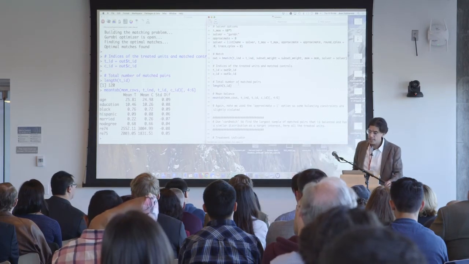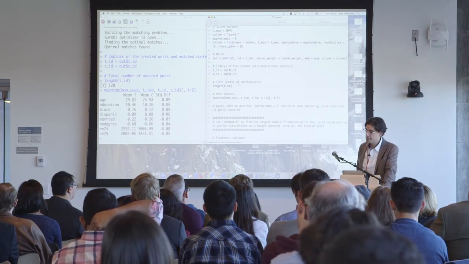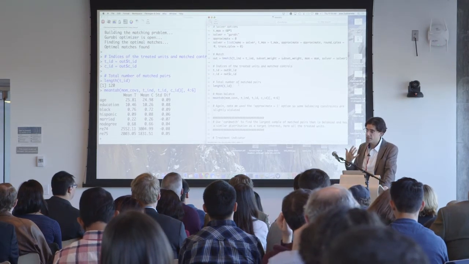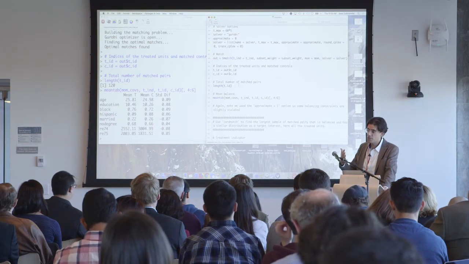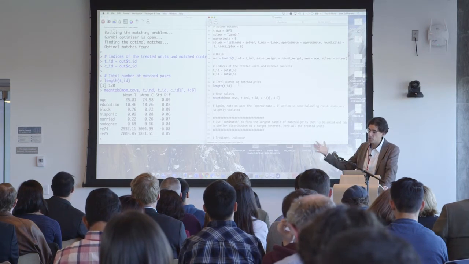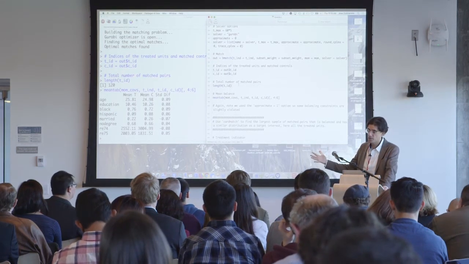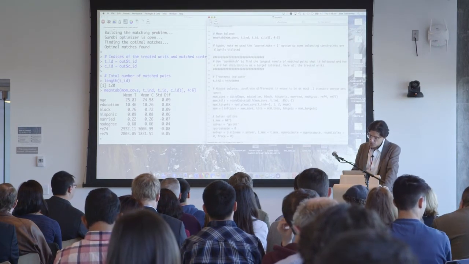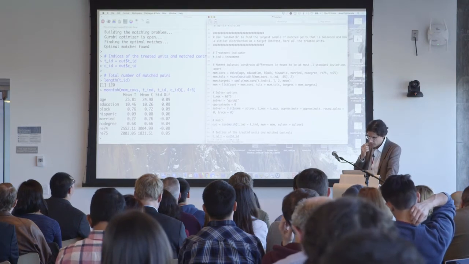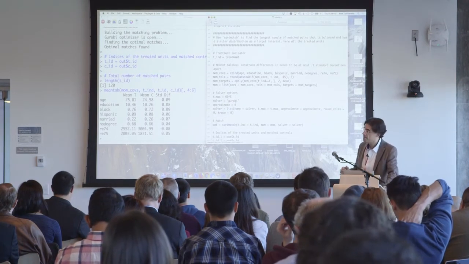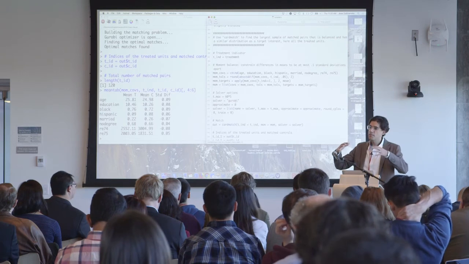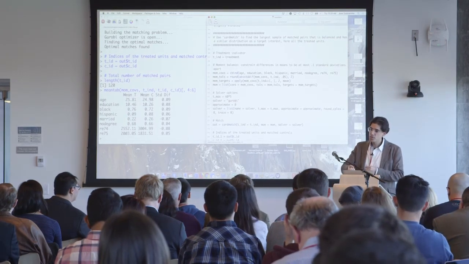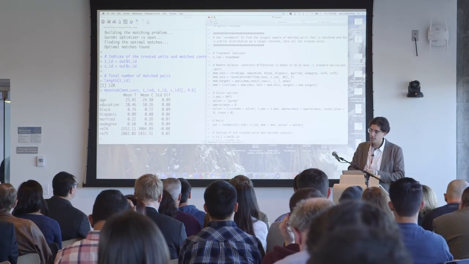Now the problem is that by doing this, we have changed the estimate. I said that I wanted to target the sample average treatment effect on the treated, but I'm dropping treated observations. A way to still target something like that is by finding the largest matched sample that is not only balanced, but is balanced around the original distribution of the treated, dropping them.